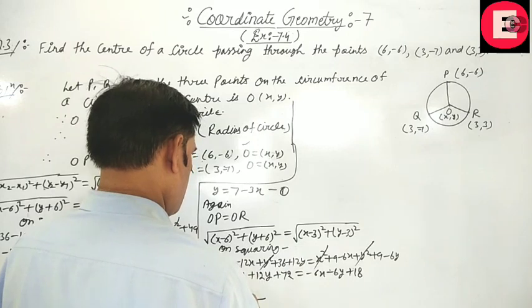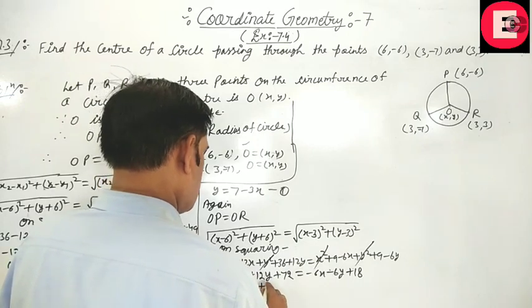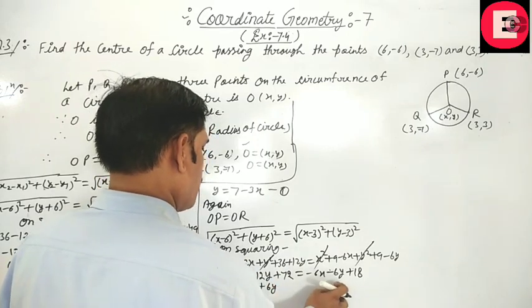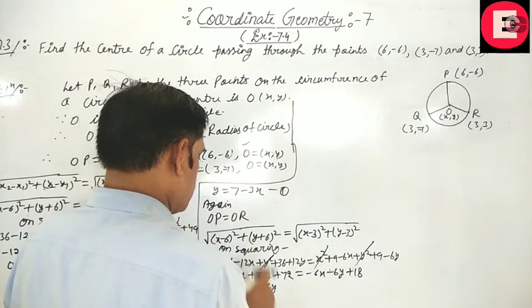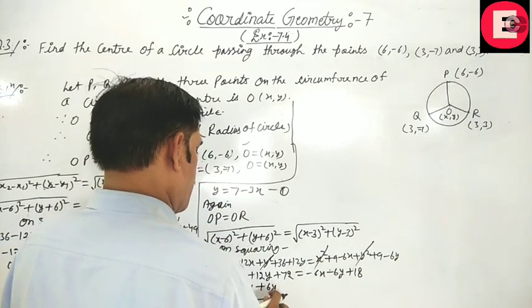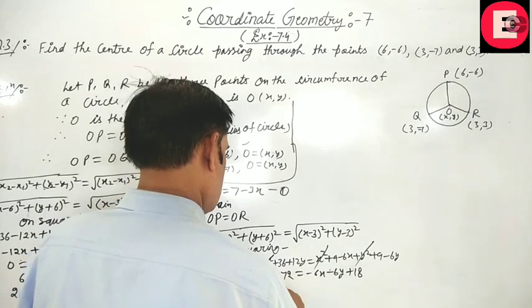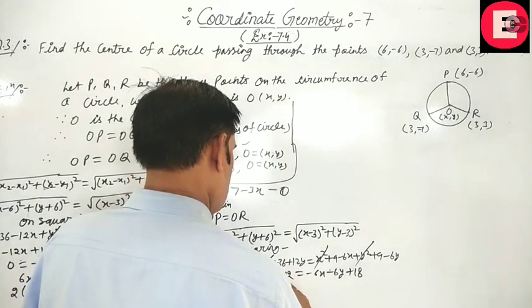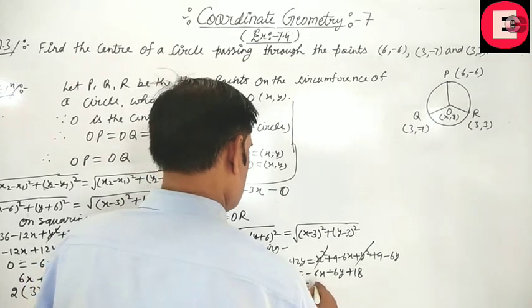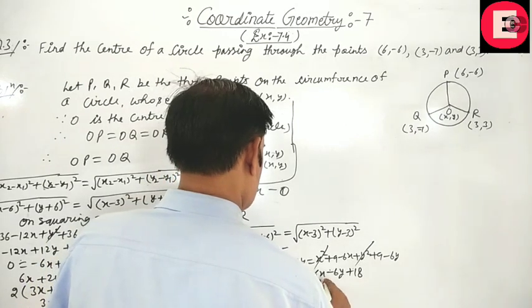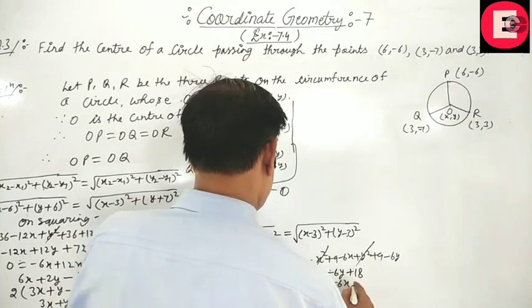Here 12y plus 6y, this y will be transferred on the left hand side, and 12x minus 6x.